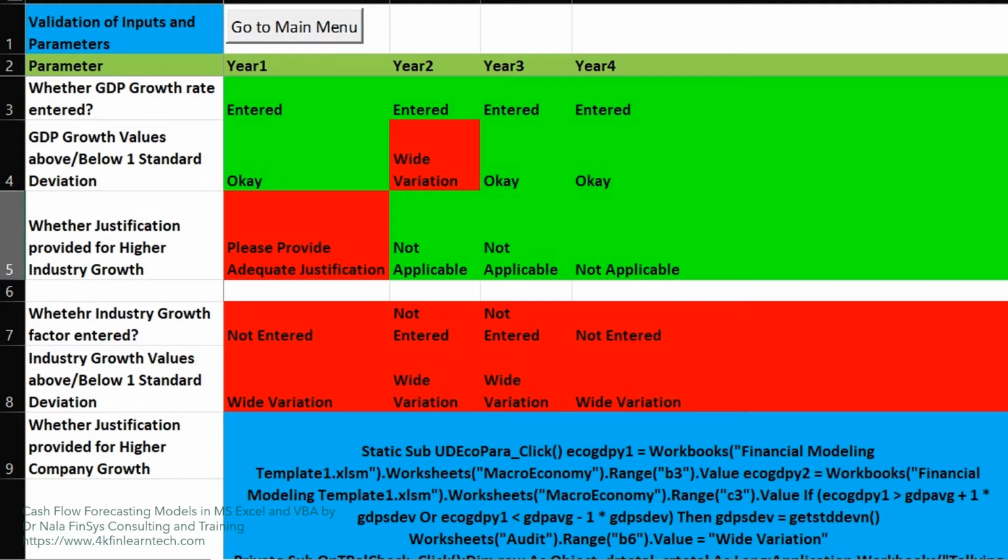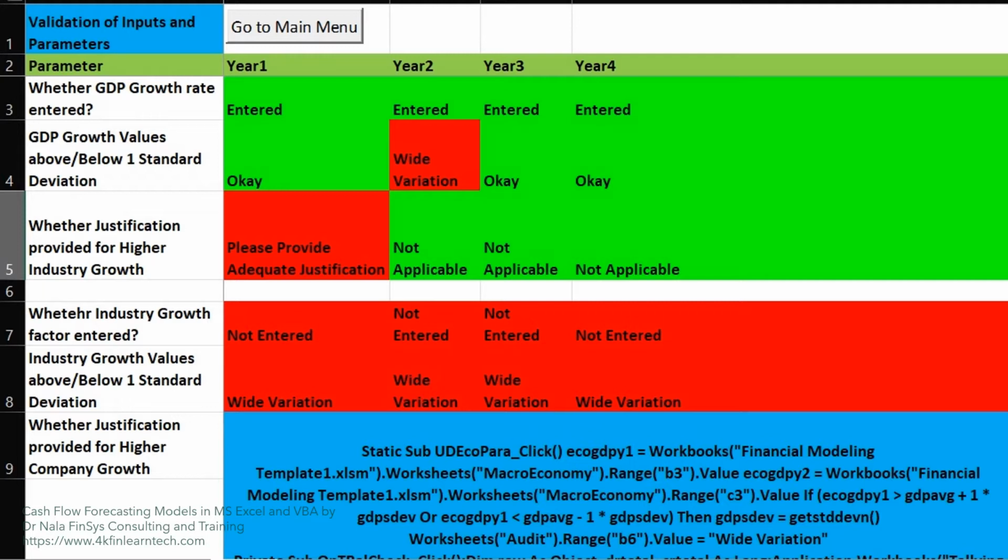So they are basically the kinds of code we'll be writing in order to add the VBA functionality into the Excel template. You can also see the controls we have put in this worksheet.